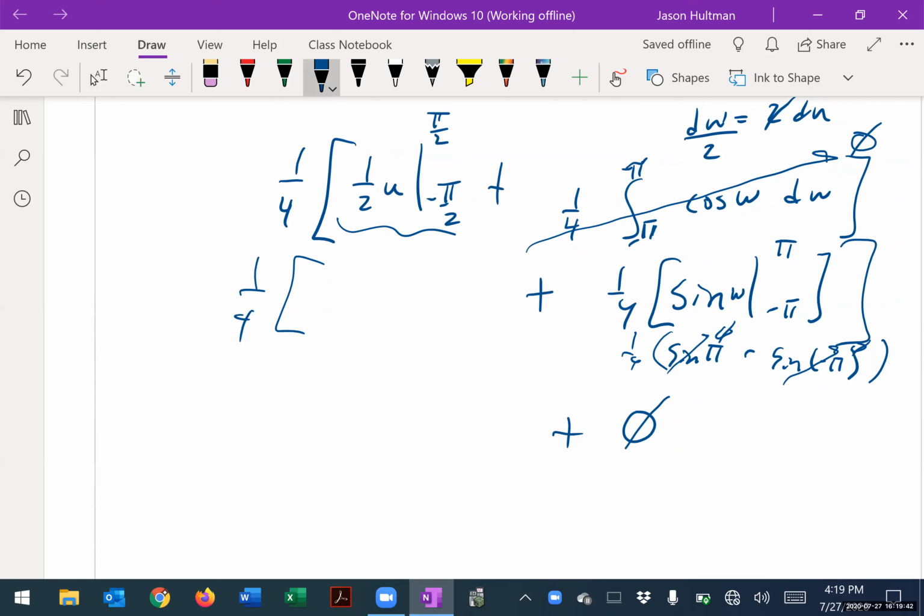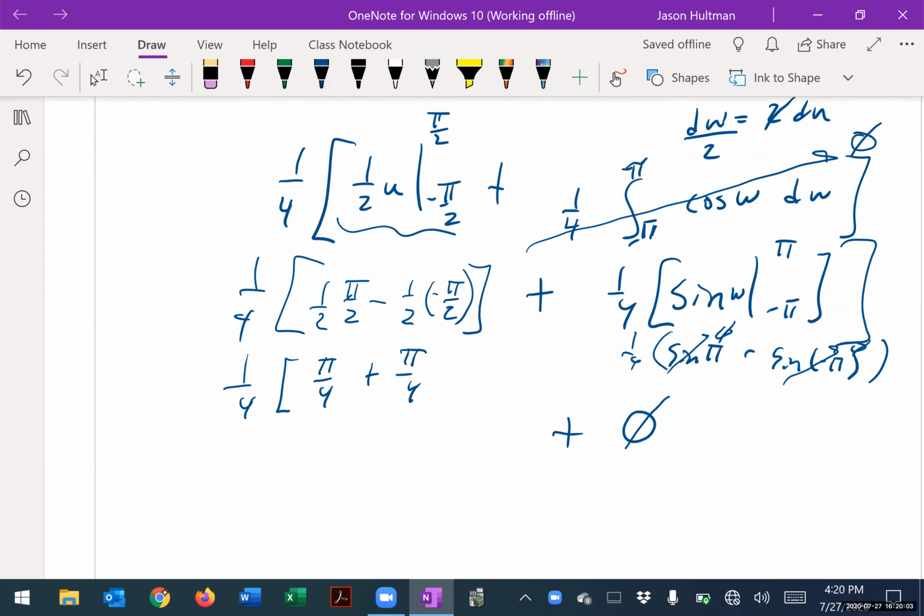So now what we have to do is evaluate the front part here. So this is 1/2 times pi over 2 minus 1/2 times negative pi over 2. Oh, okay. So this is 1/4 times pi over 4 plus pi over 4. Well, what's pi over 4 plus pi over 4?